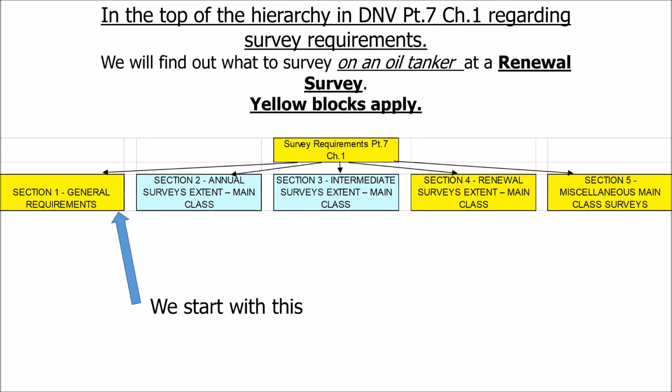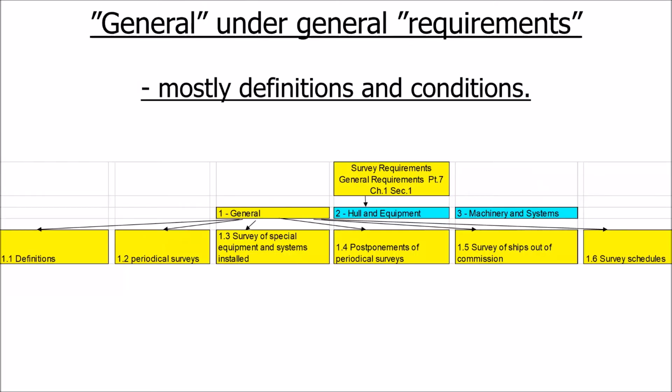I'm going to change this tree so we go down one level, and below this we have the definitions. What is the survey, what is access, what is ventilation, what's required from us here, and periodical surveys, which periods, surveys of special equipment and systems, and postponement of periodical surveys.